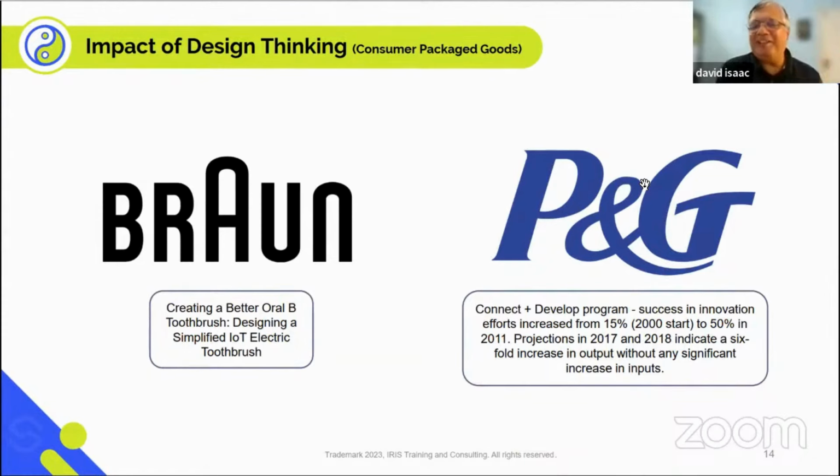Procter and Gamble for their product design has been using a lot of design thinking techniques. UiPath is using design thinking. Braun. Some of the Indian firms, Infosys has been very heavily invested in design thinking techniques.